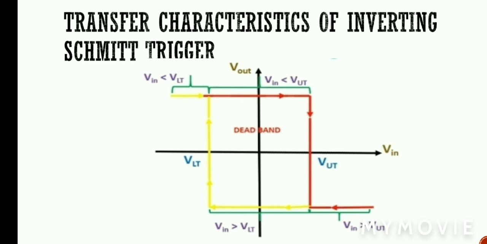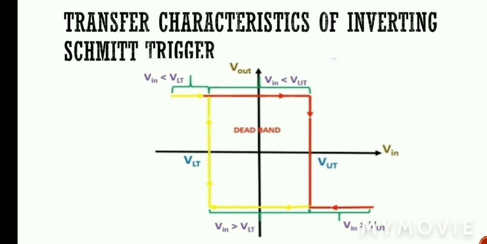With respect to lower threshold voltage, first we see that Vin is smaller than VLT, then output voltage will go to positive saturation voltage. As soon as Vin is greater than VLT, then output voltage will go to negative saturation level. Similarly, when Vin is greater than VUT, then the output will be at negative saturation level. As soon as the input becomes smaller than VUT, then the voltage goes to positive saturation level. So in this way, we can draw the curve.